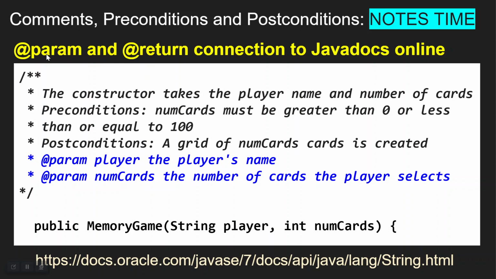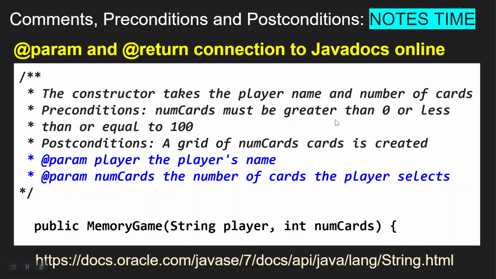Now we're going to get into JavaDoc documentation for methods and constructors here. We're going to start looking at the @param tag as well as the @return tag. But again, I mentioned earlier that there's a connection between these comments and the online JavaDocs.